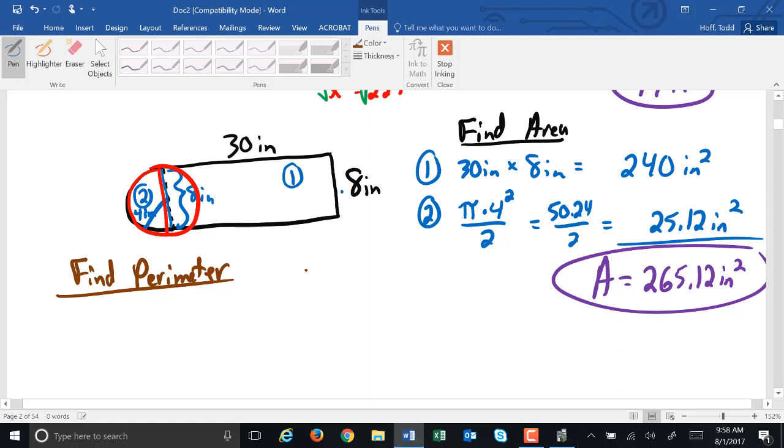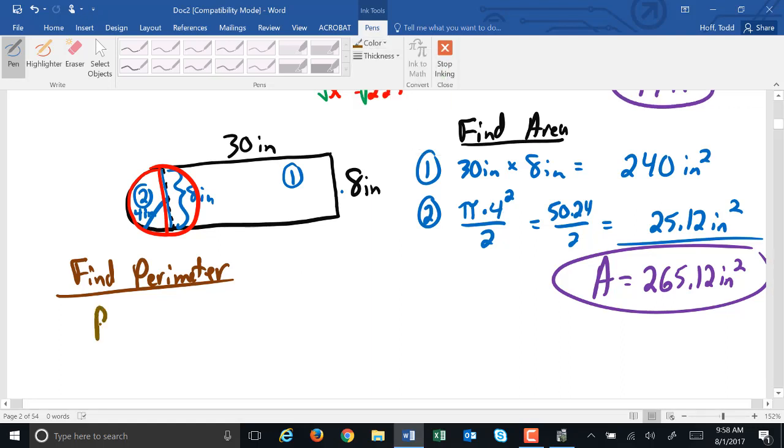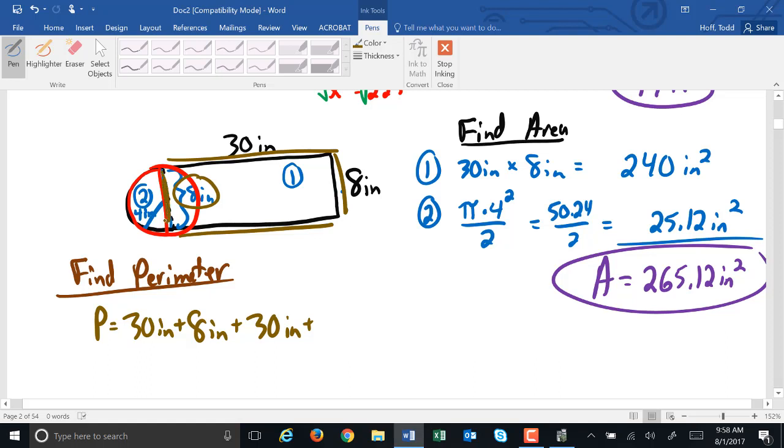If I ask you to find the perimeter, well, I've got 30 here, plus 8 here, plus 30 here. Do I add another 8? No. This end is covered up. It's not part of the perimeter. What I need is this distance around here.